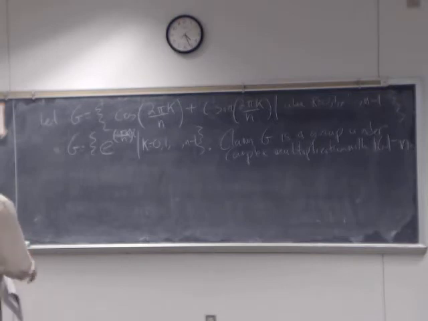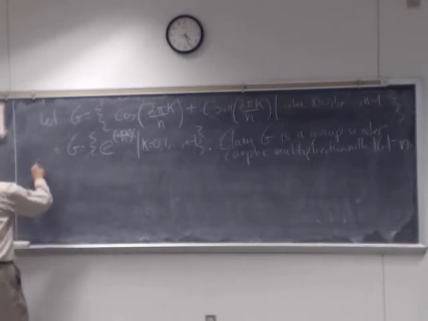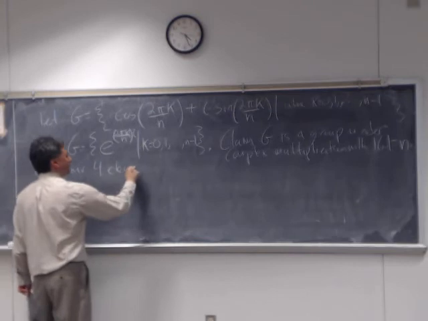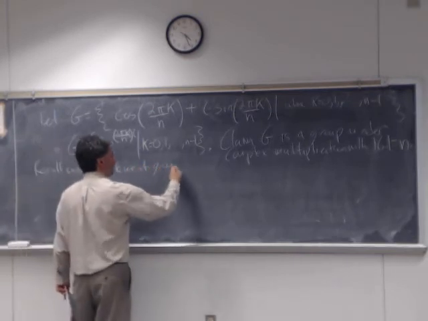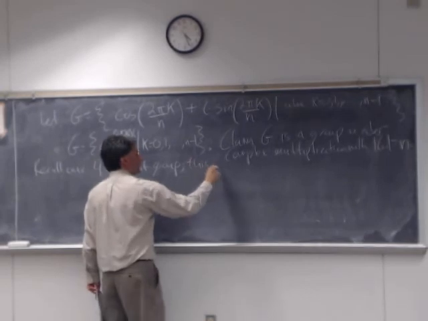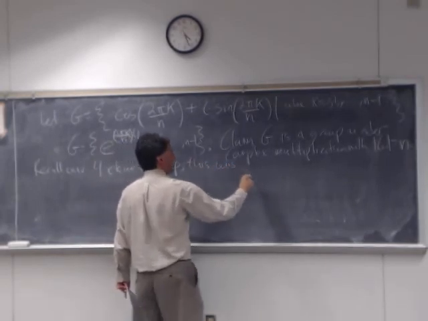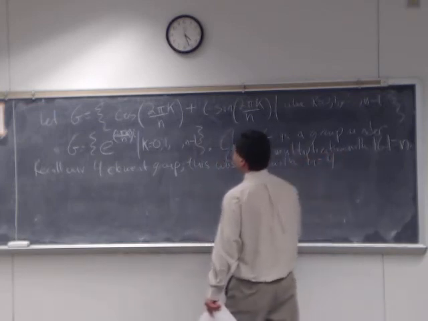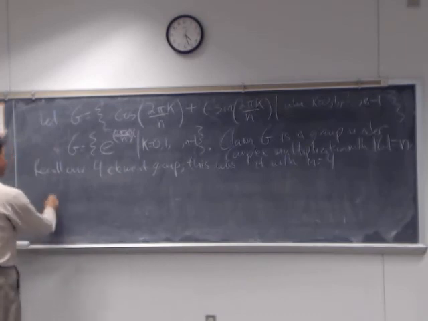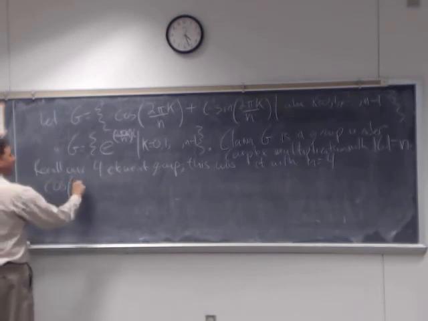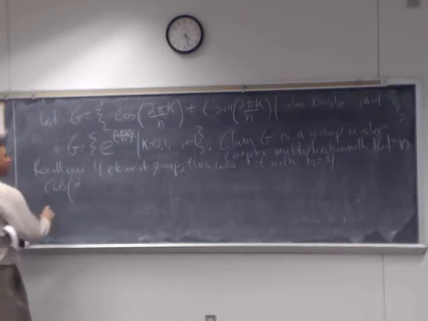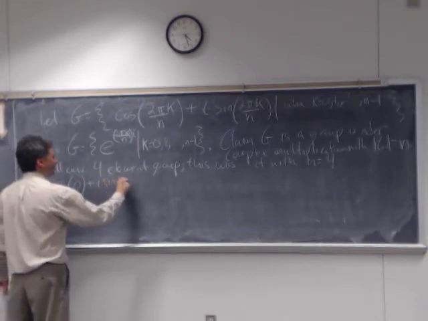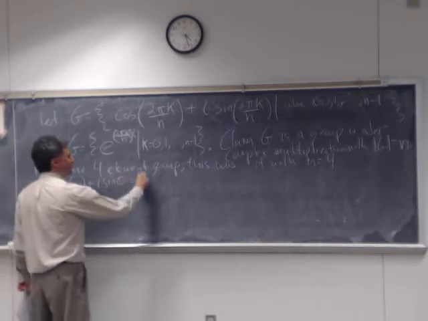Now let's just look at an example. Recall our 4-element group. If you look at n equals 4, if I plug in k equals 0, I have cosine of 0 plus i sine of 0. The sine of 0 is 0, the cosine of 0 is 1.